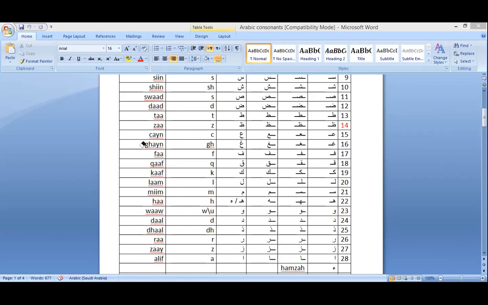Okay, begin from number 15. A, Qa, Fa, Qa, Ka, La, Ma, Ha, Wa, Da, Tha, Ra, Za, and A. That's good. That's right. Yes, Ramadan.